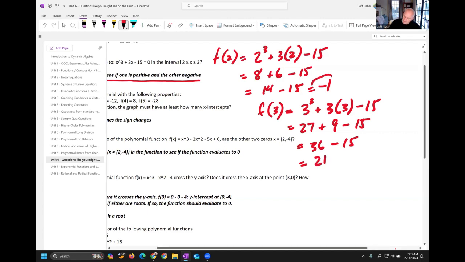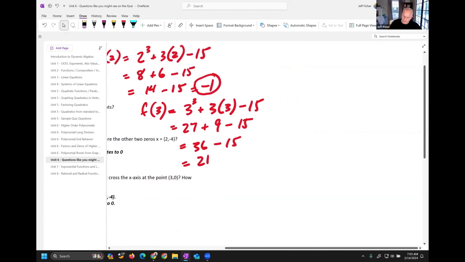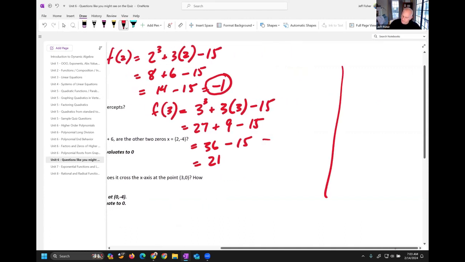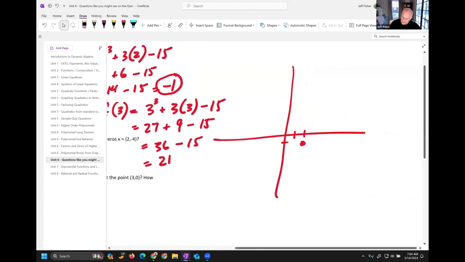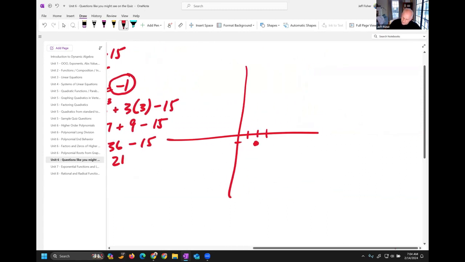So we have -1. This is what the graph looks like, right? F at 2 is at -1 on the y-axis. But f at 3 is at 21, way up here.